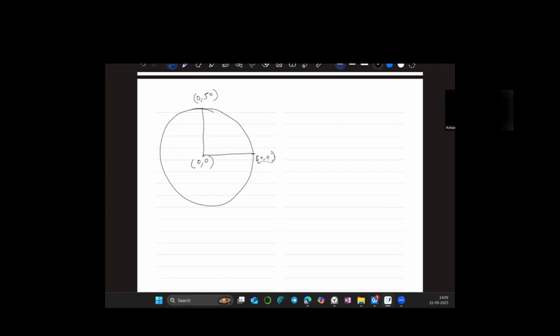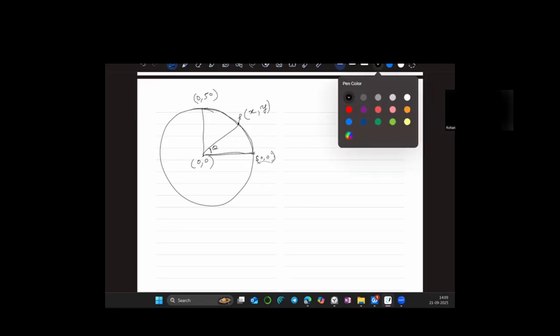But if we take any arbitrary point within this range, let's say this point P, which is at an angle theta from the x-axis, and we want to figure out the coordinates of this point, how do we figure it out? We can do this by using the tools of trigonometry.